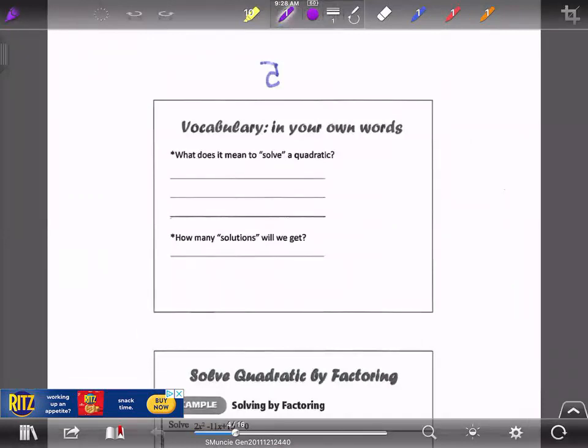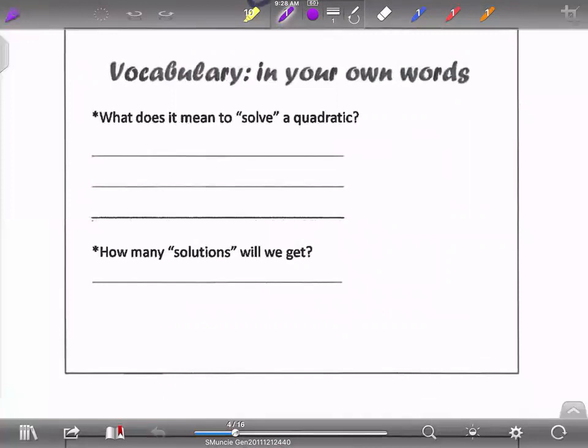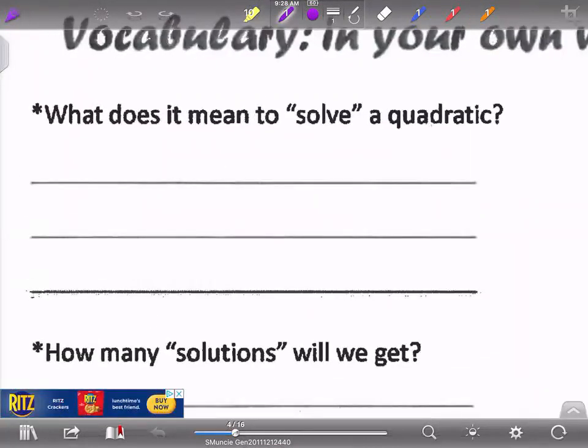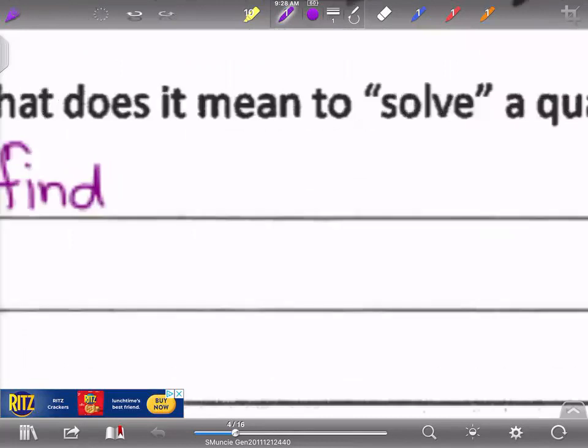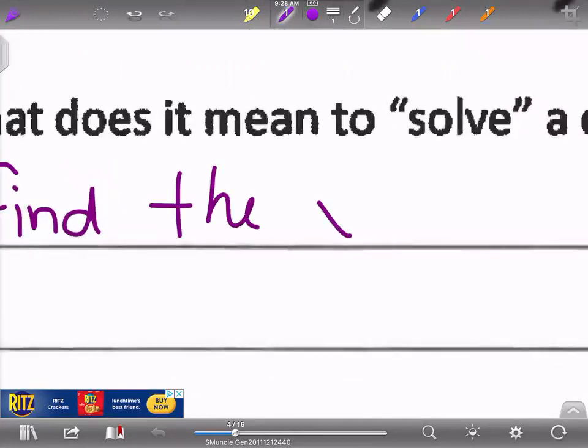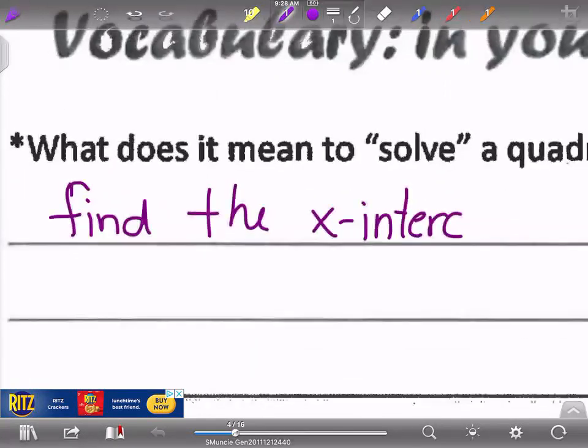So quick vocab in your own words. What does it mean to solve a quadratic? That means we're finding where your parabola crosses the x-axis. So we're going to find the x-intercepts, which is where your parabola crosses the x-axis.